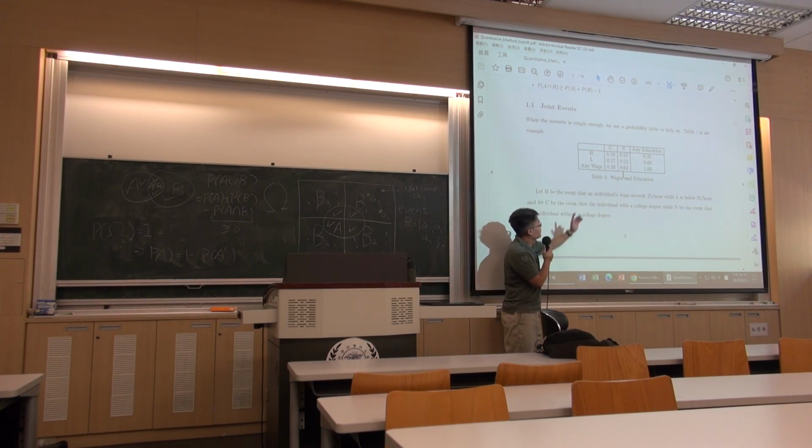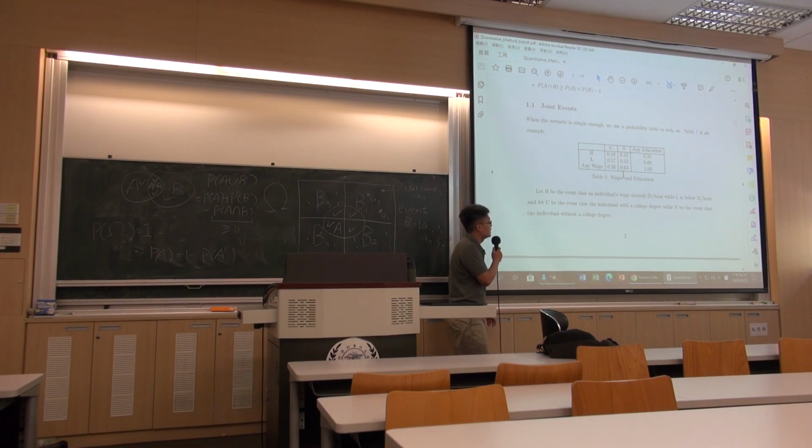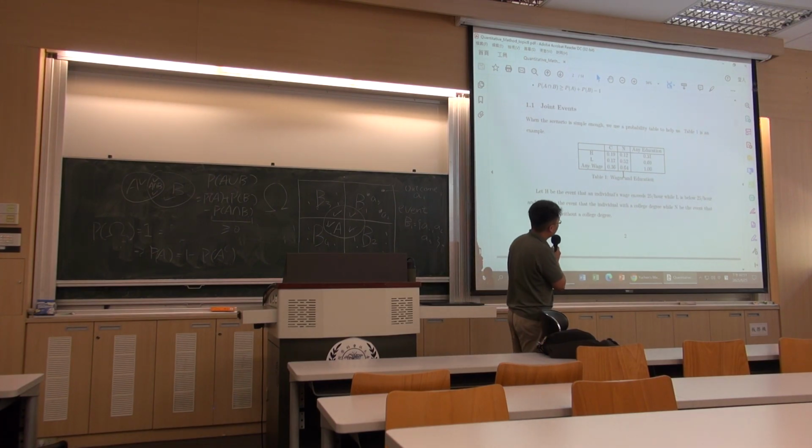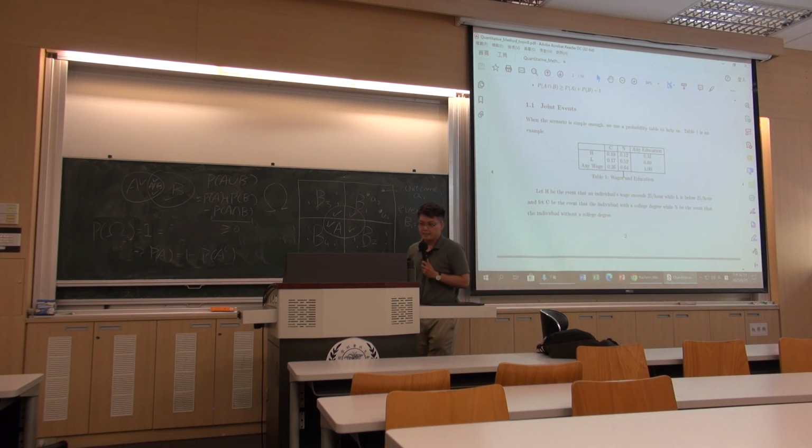The probability will be 0.19. Okay. So you can directly see the probability of a certain group from that table.